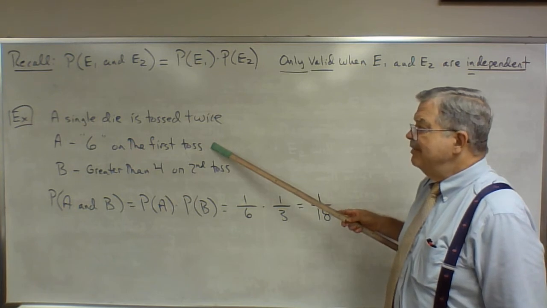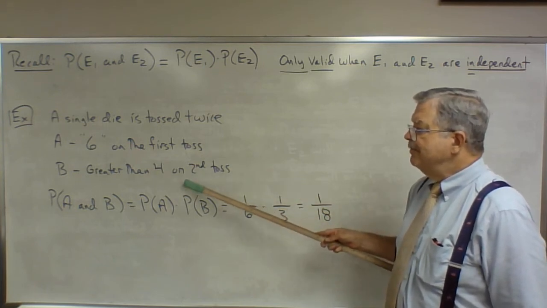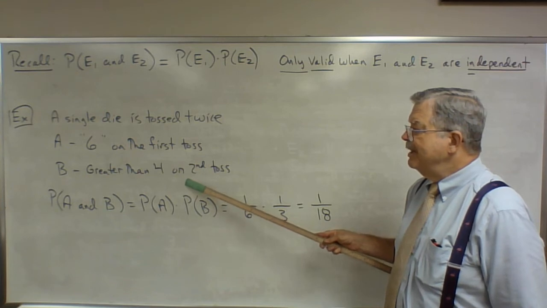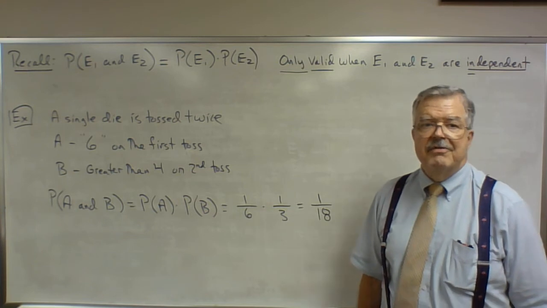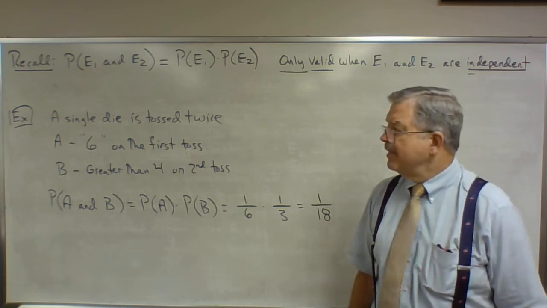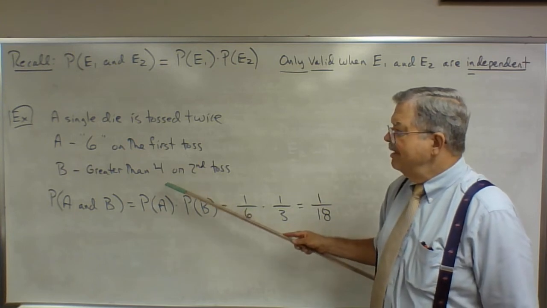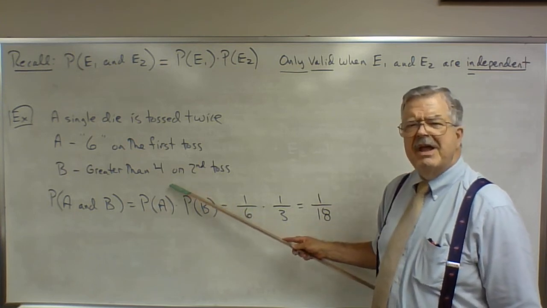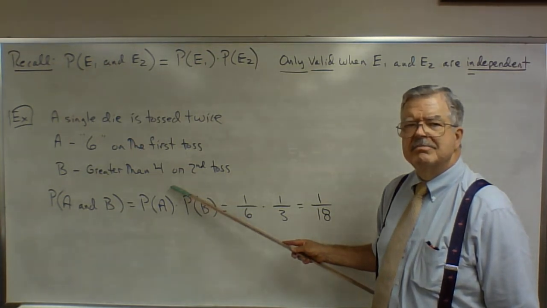A is the event that we get a 6 on the first toss. B is the event that we get something greater than a 4 on the second toss. Are those two events independent? If I get a 6 on the first toss, does that in any way affect what I get on the second toss, or vice versa?